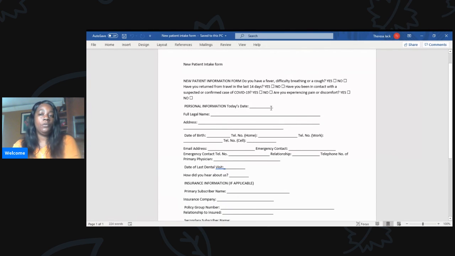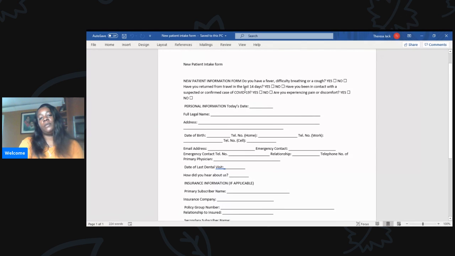What does that mean? We always want to make sure that we are tracking when a new patient calls into our practice. A lot of times patients will make an appointment and they may not show up. So you may want to think about having some type of filing system, so when these patients don't show up, we can follow up with them.